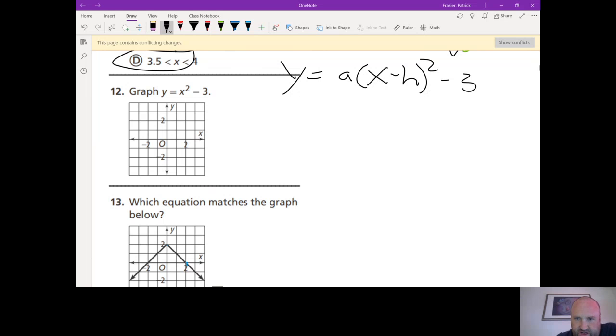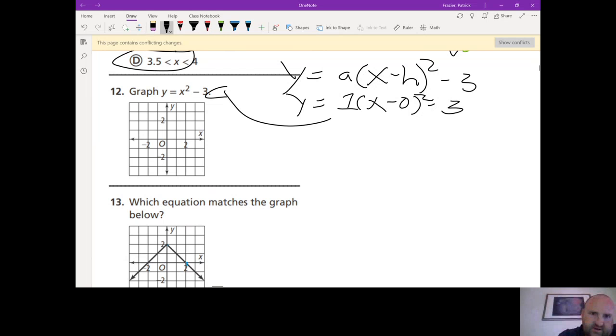Otherwise, we'd have something multiplied by x. And then x minus 0. Y equals 1 times x minus 0 squared minus 3, which is just 1 times x squared.